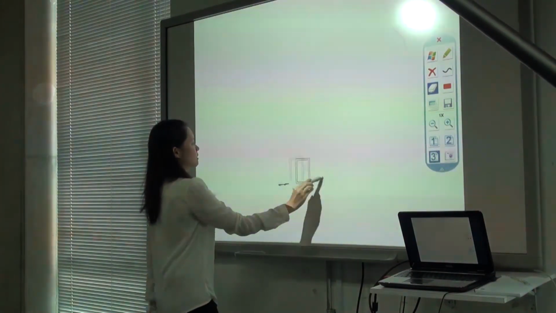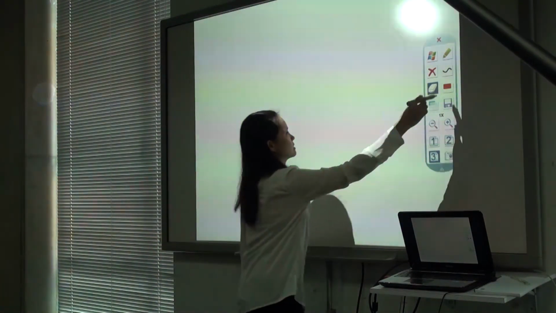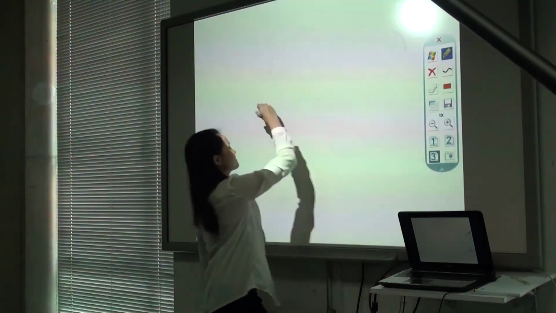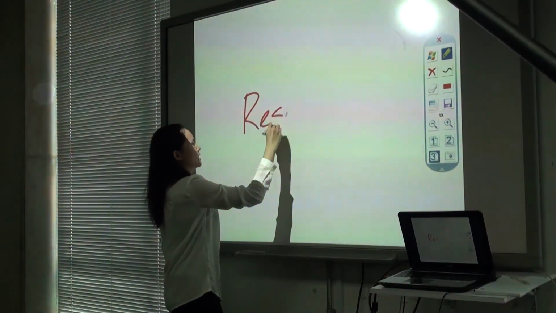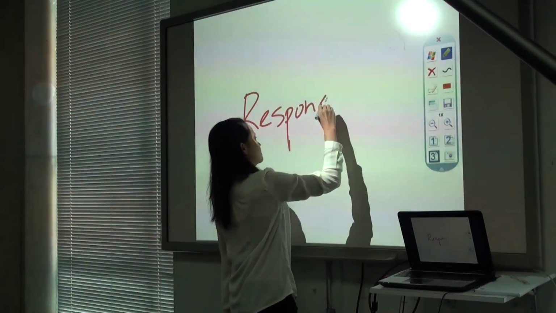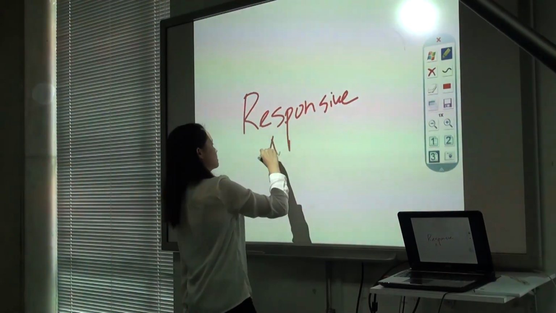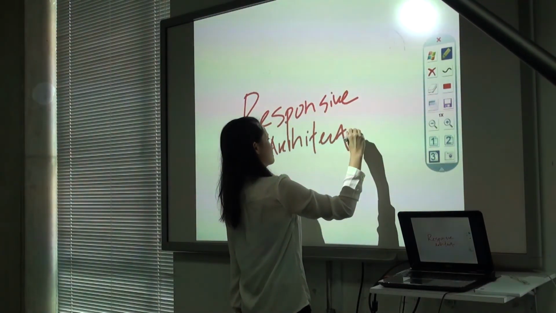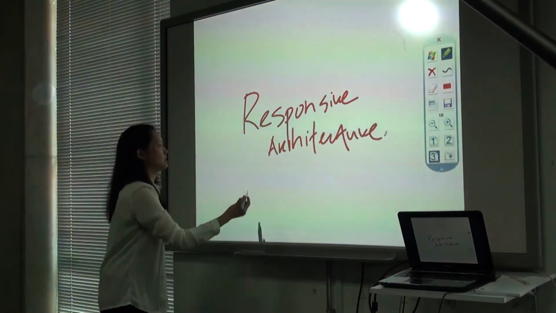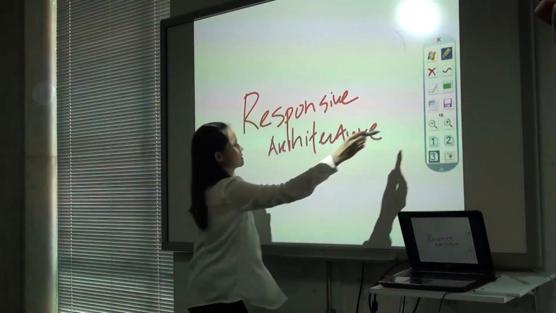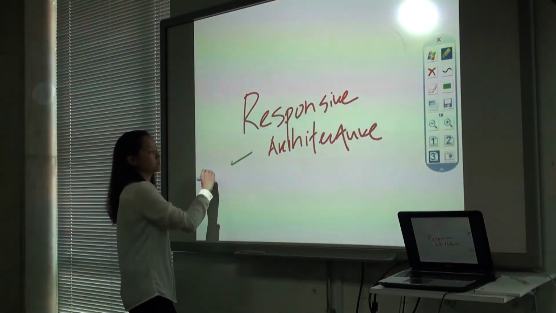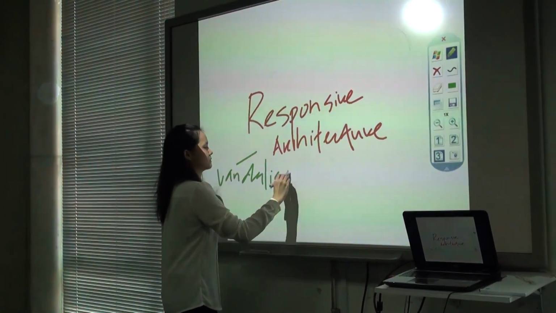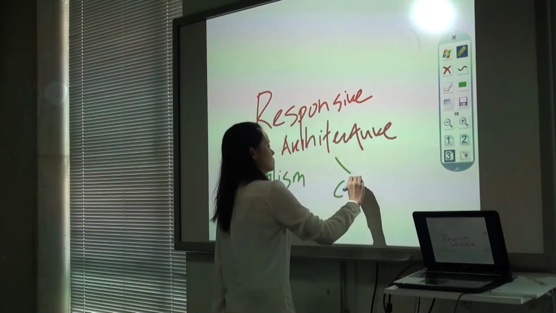So again, I want to conclude that my research direction is responsive architecture, an idea that can contribute to issues like vandalism and crime.